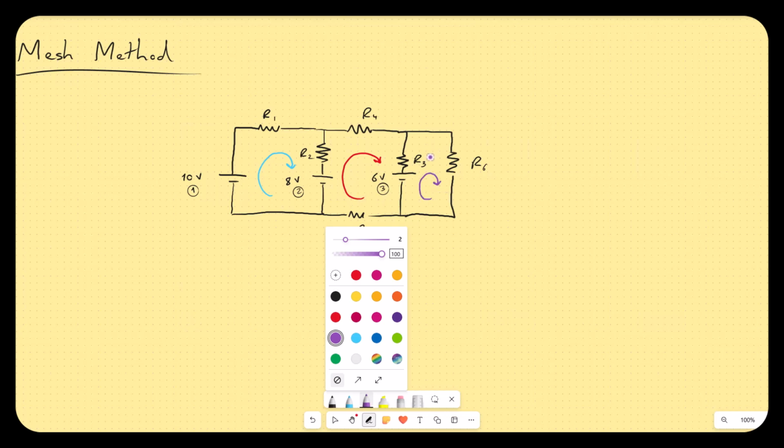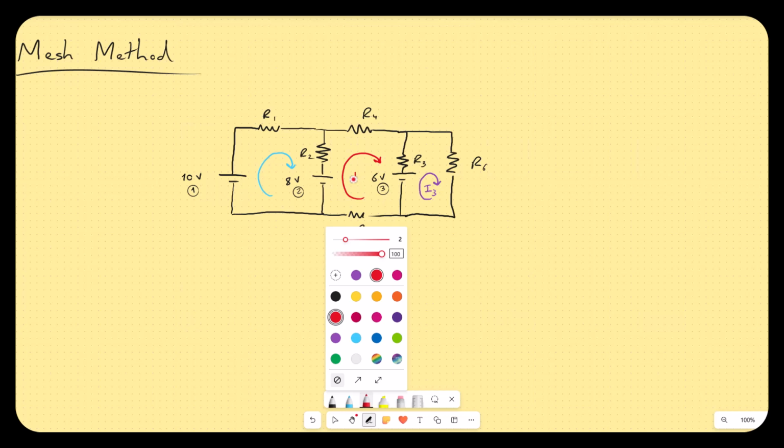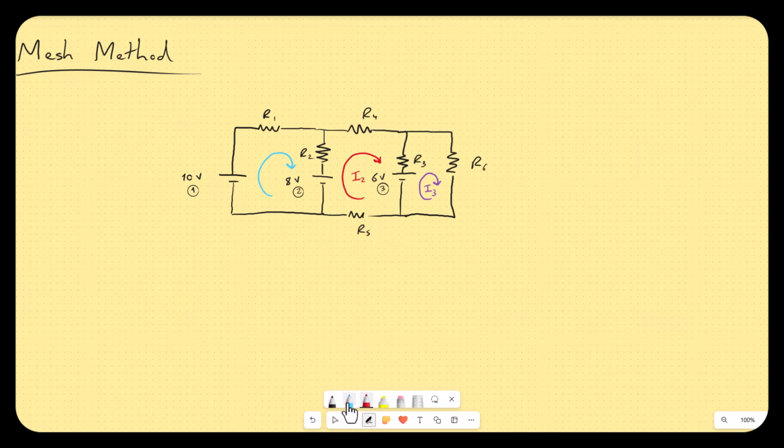So this one I'm going to call I3. This middle one I'm going to call I2. This first one I'm going to call I1. With the mesh method, I'm not looking at junction rules at all. I'm just working with loop rules.